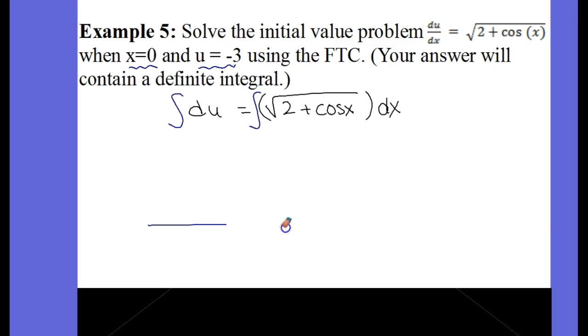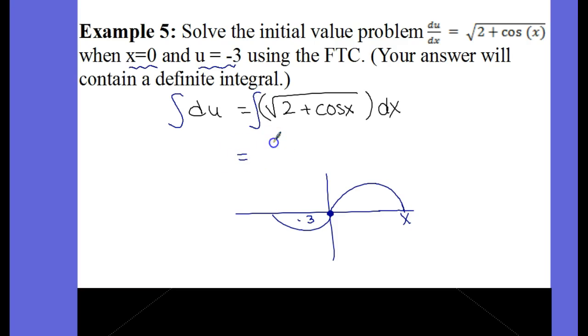We are given, in this case, at 0, the area is -3. So it's kind of like saying, when I started at this point, the area over here was -3. So at 0, we're at -3. If I want to define the area over here to some point x, what would your integral start with and what would it end with?